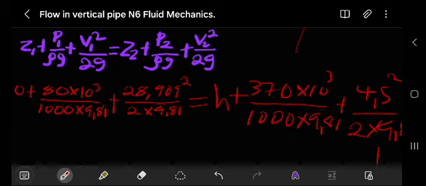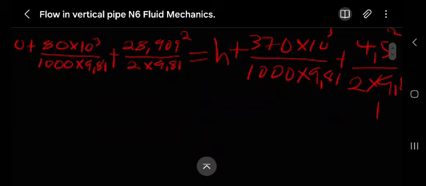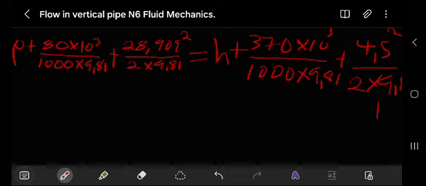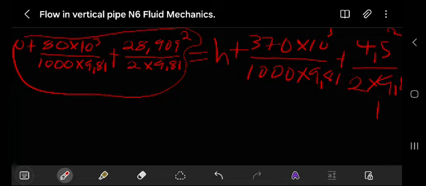Then you punch this on the calculator. If I start with this side, I punch all of that and I get that my left hand side is 50.751.